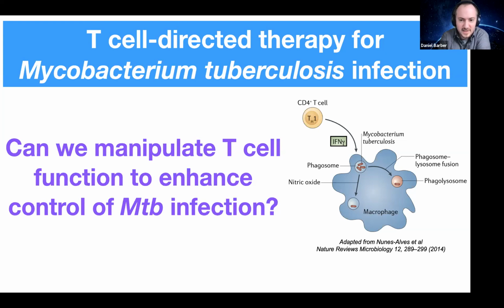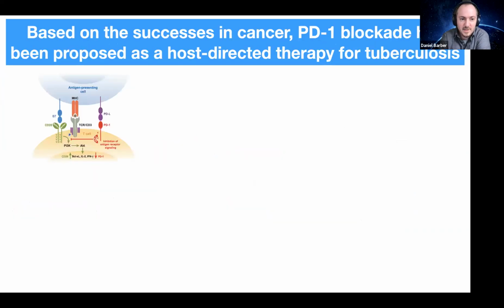Now, the most obvious candidate when you start talking about manipulation of T cell function is the co-inhibitory receptor PD-1, which I think most people are familiar with now. But very briefly, PD-1 is a cell surface molecule that's induced on T cells upon TCR signal transduction. When it interacts with one of its ligands, PDL1 or PDL2, it recruits inhibitory phosphatases to the plasma membrane, and it results in an attenuation of signal transduction through the T cell receptor, and just as importantly through CD28.